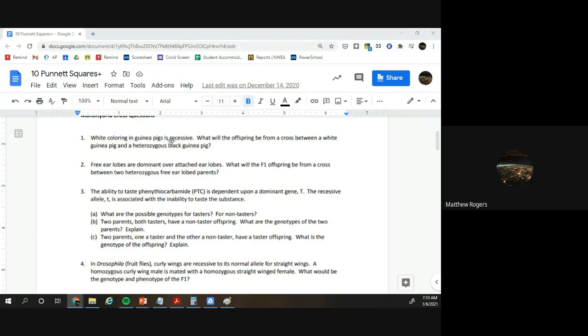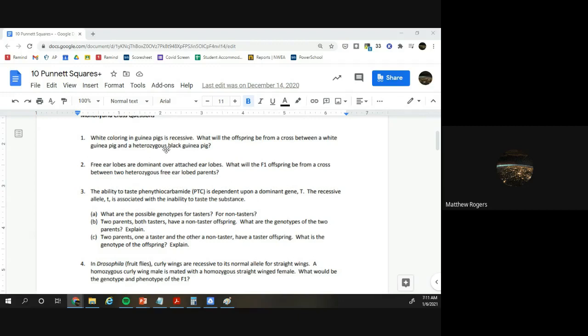Heterozygous means it has one big and one small. So a heterozygous black guinea pig would be, we'll use letter A, big A, little a. Because it's black and it's heterozygous, the big A has to mean it's black. Little a means it's white. So this white guinea pig is homozygous recessive.